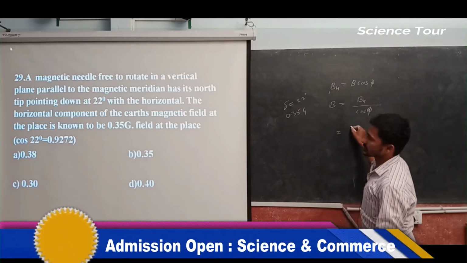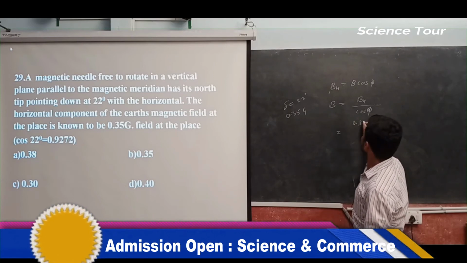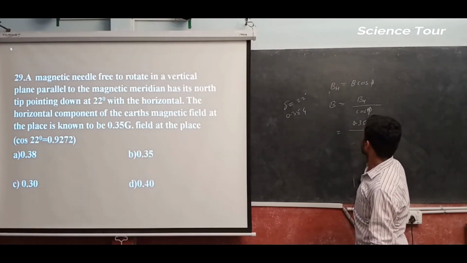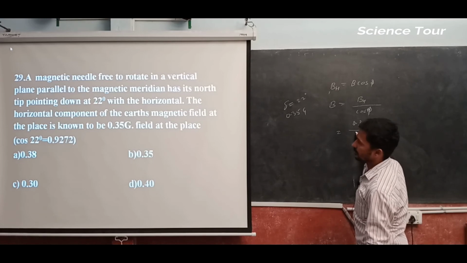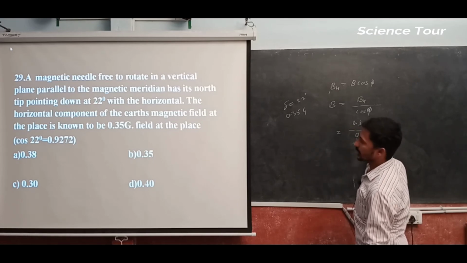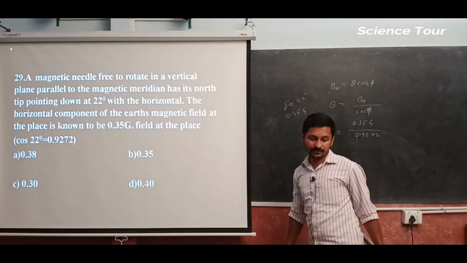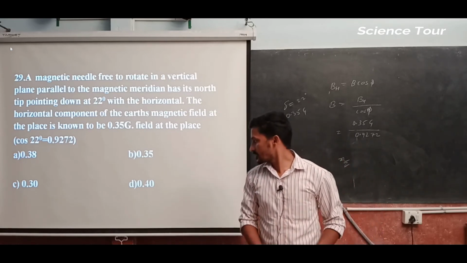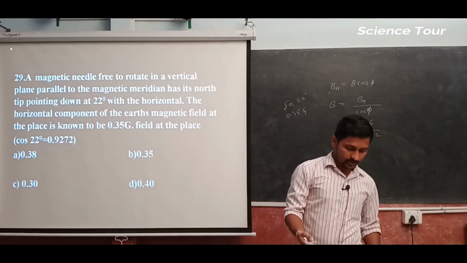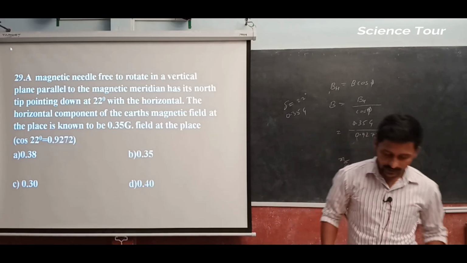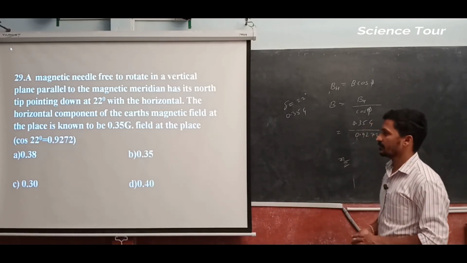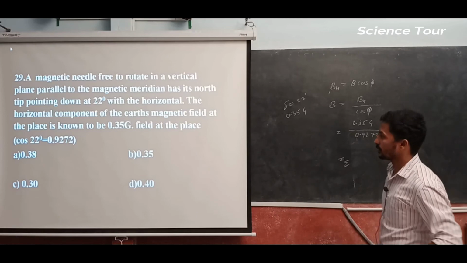So BH is how much? That is 0.35 Gauss. Let it be in Gauss itself. Cos phi they have given, that is nothing but cos 22, that is 0.9272, nearly equal to 1. So 0.35 only you are going to get, but exact 0.35 you will not get.